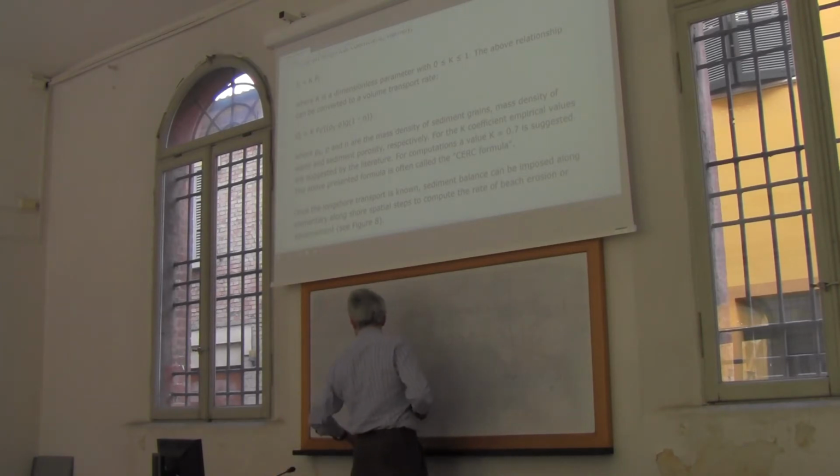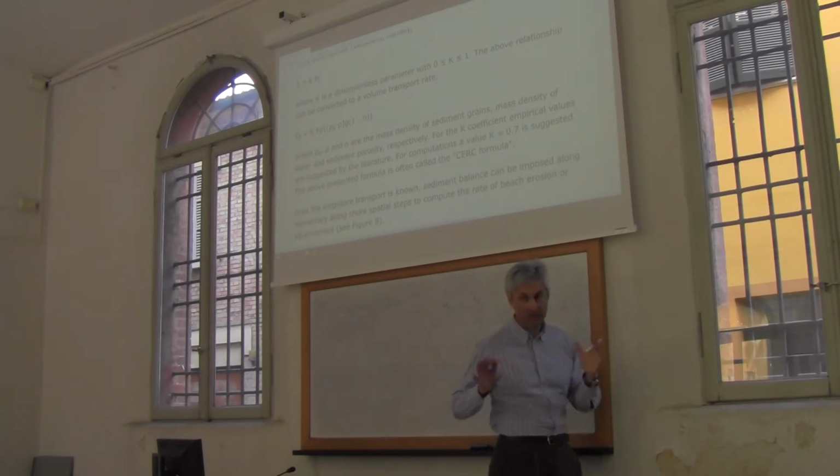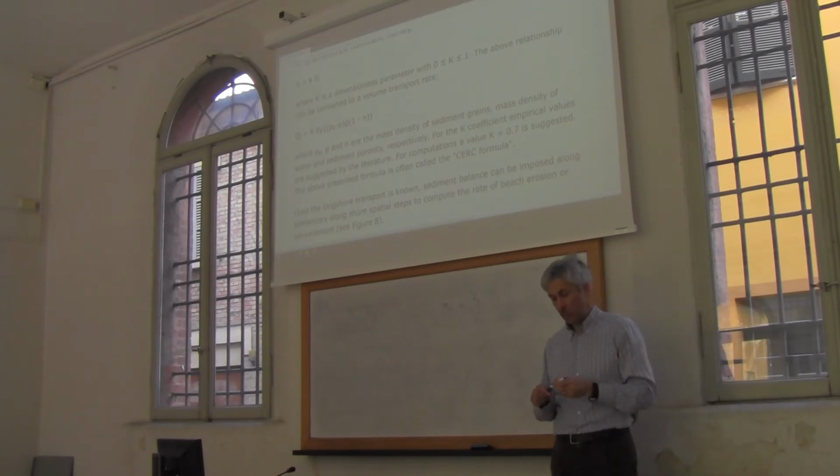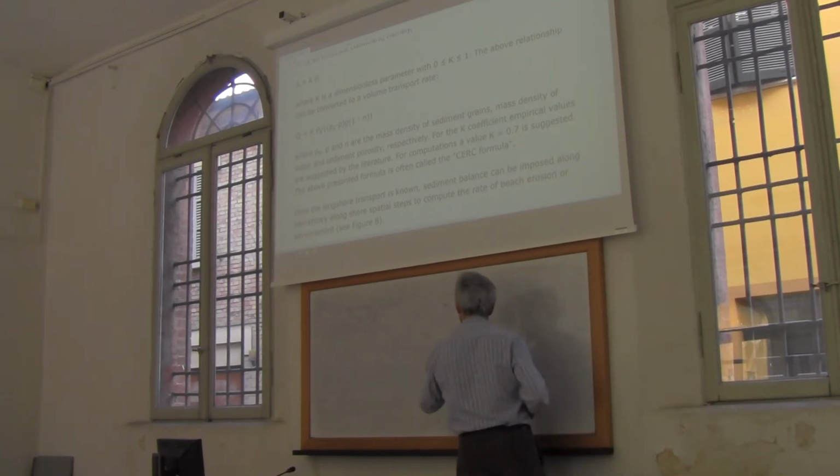So, if you have a porous media, how is porosity defined? Very trivial. Porosity is given by the volume of voids divided by the total volume of the sediments. So, of course, porosity is varying between 0 and 1.